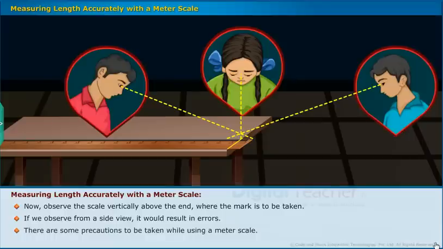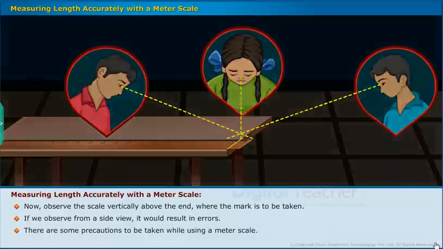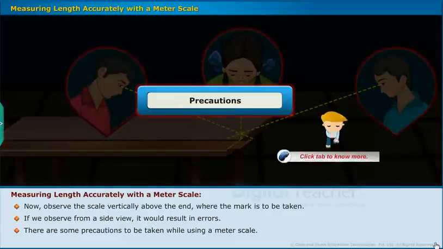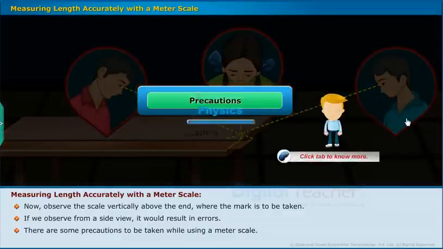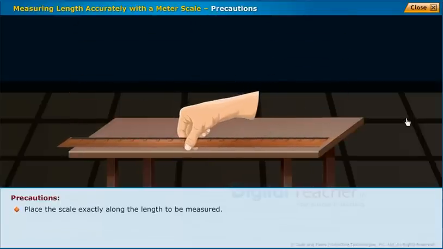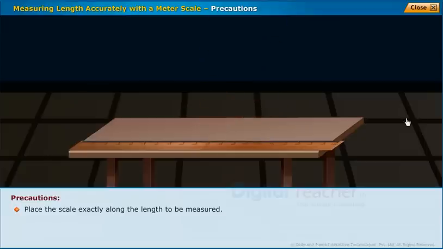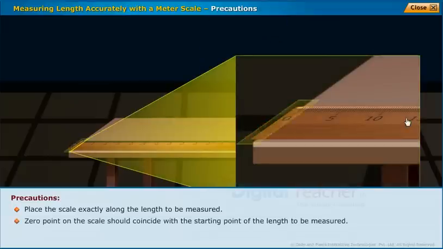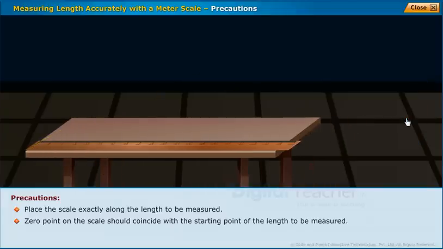There are some precautions to be taken while using a meter scale. Precautions. Place the scale exactly along the length to be measured. The 0 point on the scale should coincide with the starting point of the length to be measured.